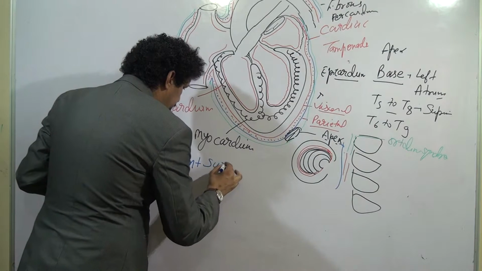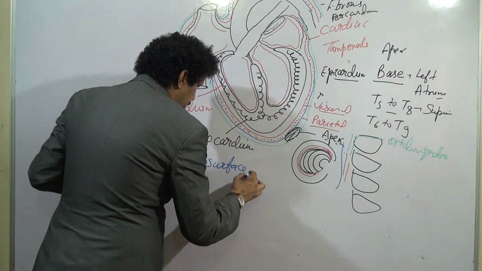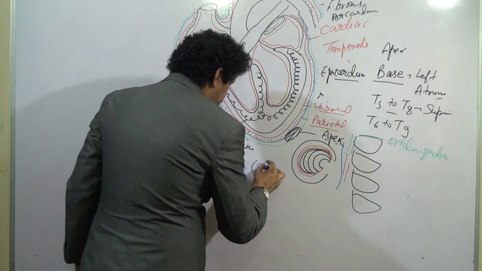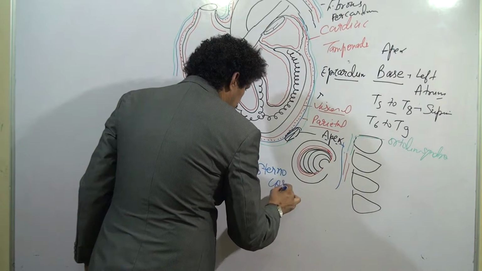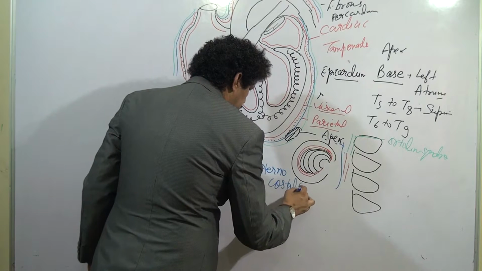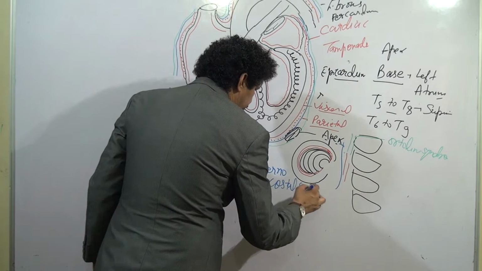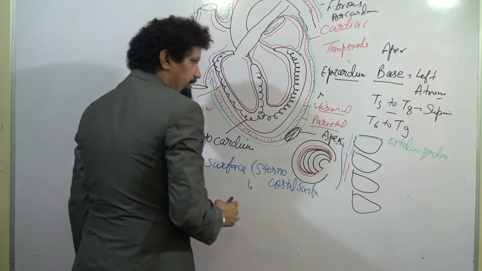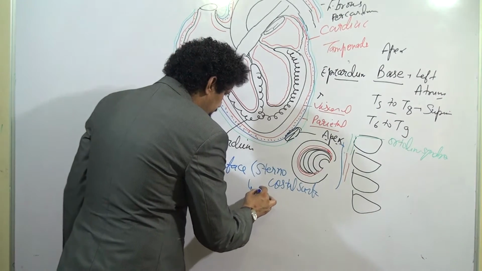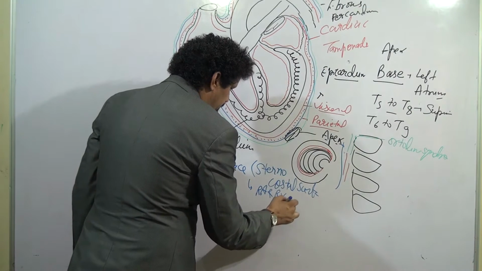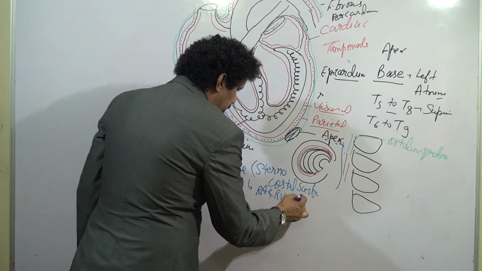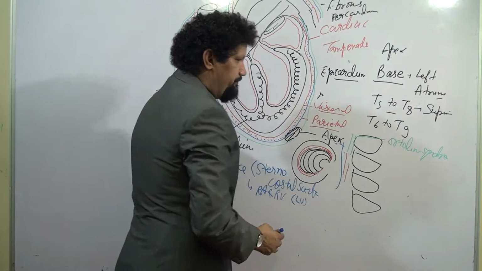Anterior surface, also known as sternocostal surface, is formed by the right atrium and right ventricle, and a small contribution from the left ventricle.